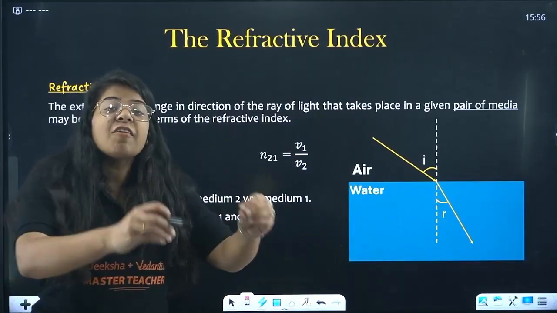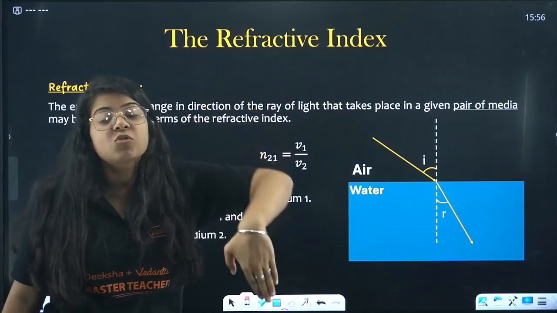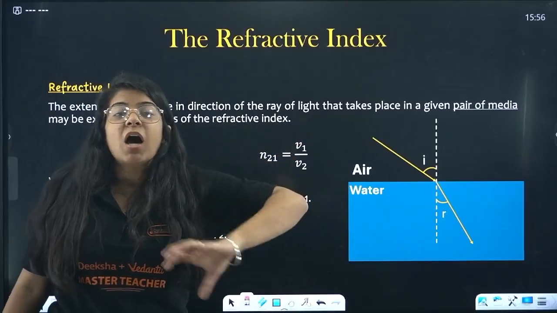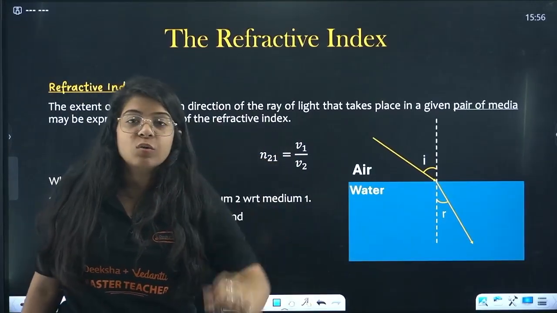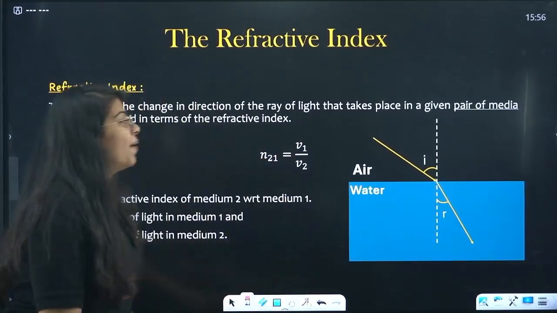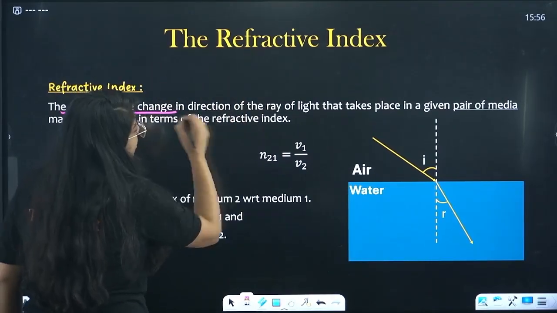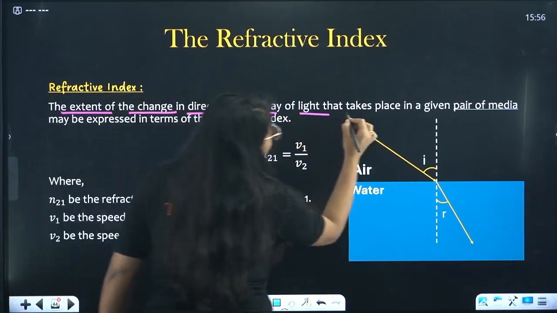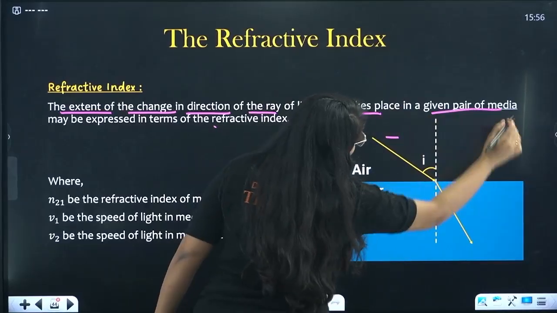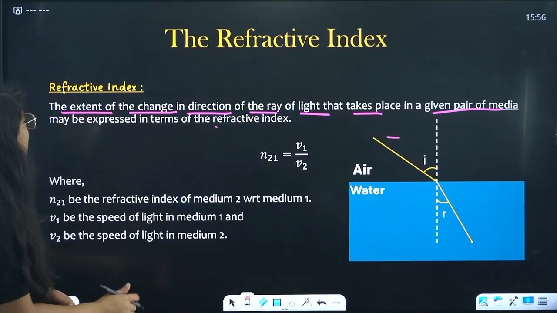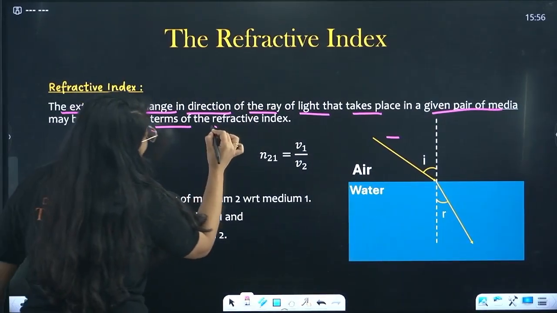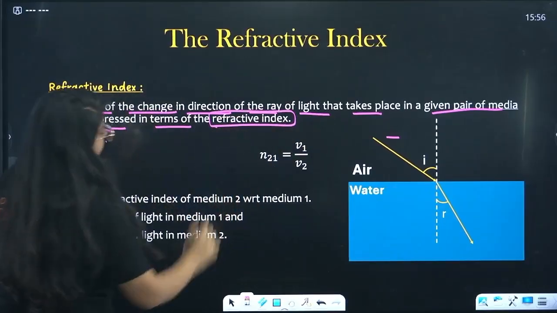The extent of bending, how much the light is bending while going from air to glass, air to water, glass to water, water to glass. The extent of the change in direction of the ray of light that takes place in a given pair of media is expressed in terms of refractive index.